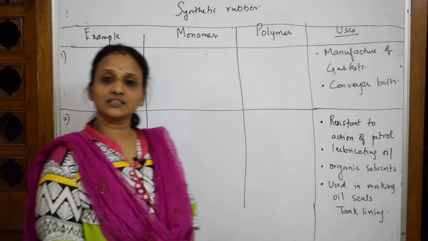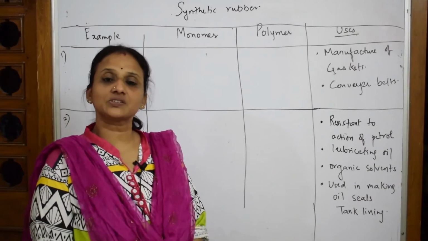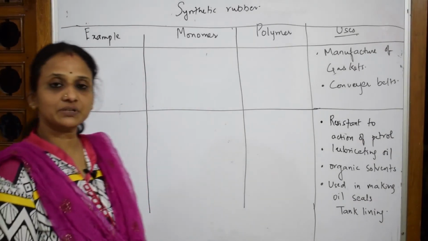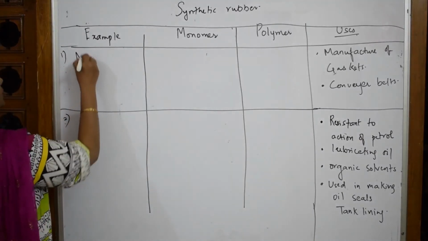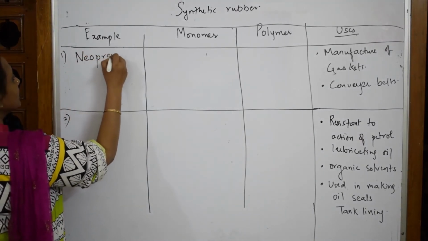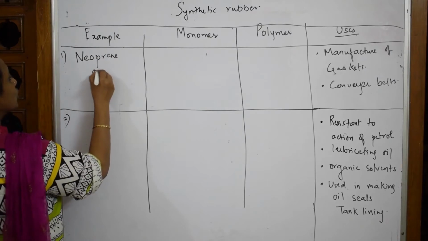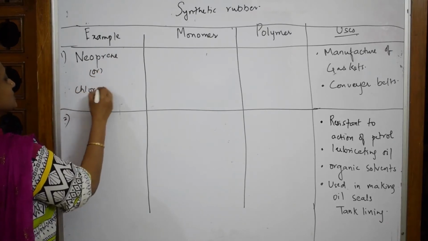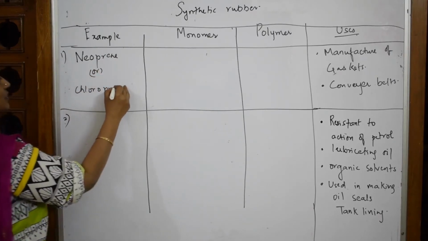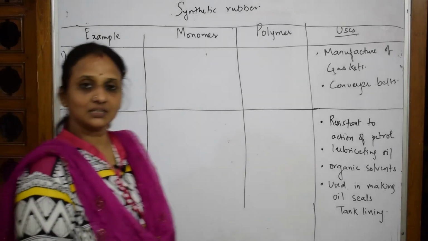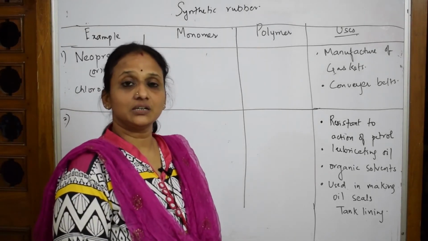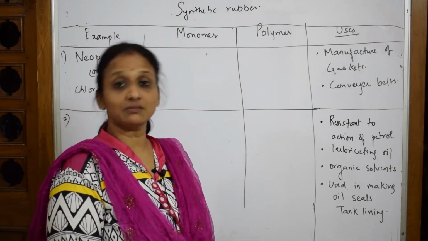Back and start learning the examples of synthetic rubber. The first example which we are going to learn is called neoprene, or chloroprene. So simple. Basically, we have learnt 1,3-butadiene, isn't it? Earlier, in natural rubber, we have learnt 2-methyl 1,3-butadiene.